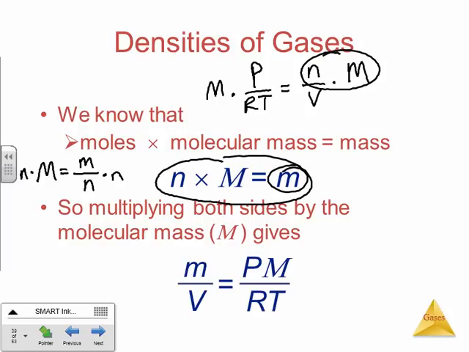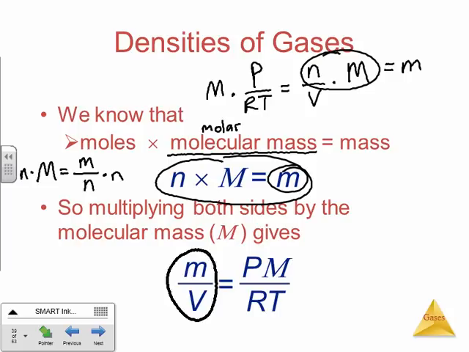So if we take the moles times the molar mass, or the molecular mass, same thing as molar mass, okay? Then this N times M is equal to lowercase m, so what we end up with here is m over V equals pressure times the molar mass over RT.